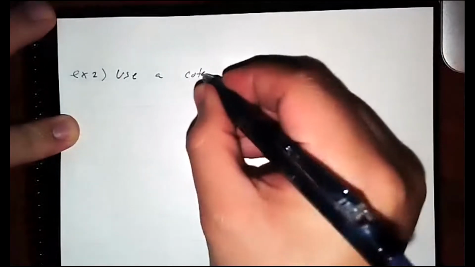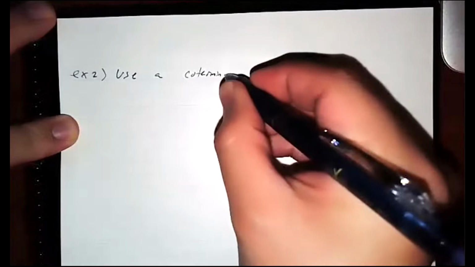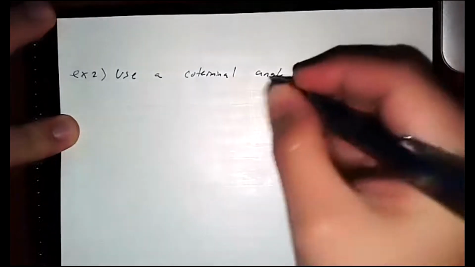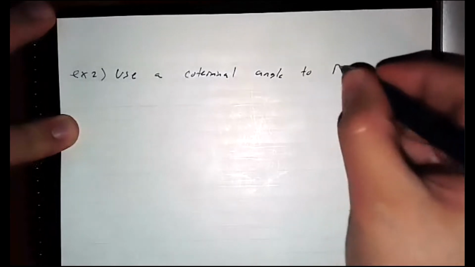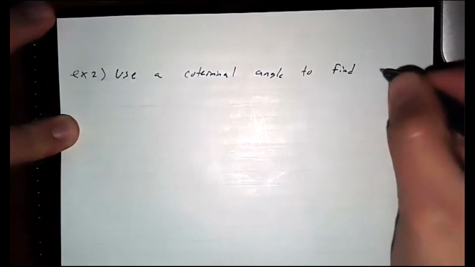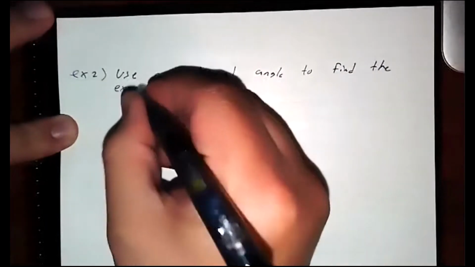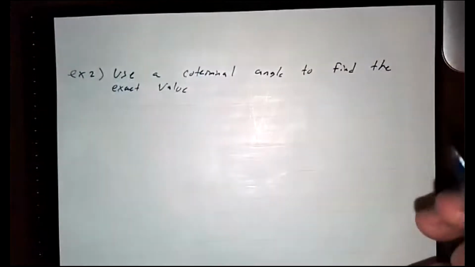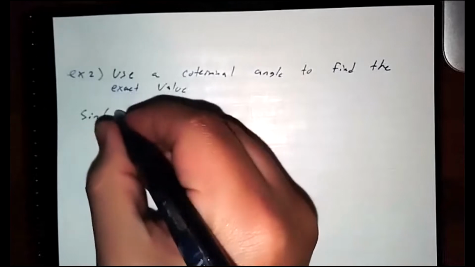It's still the same question. Use a coterminal angle to find the exact value for this guy. Sine of 9 pi over 2.